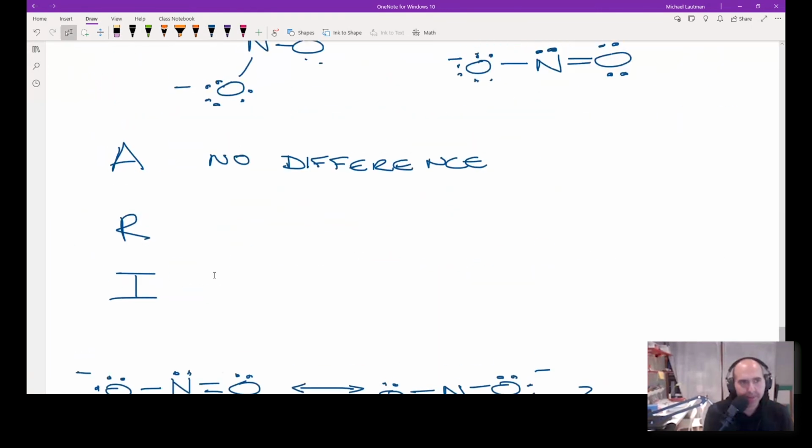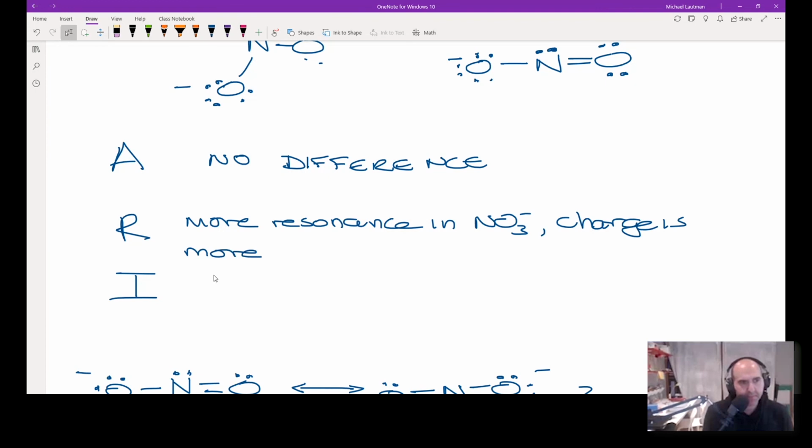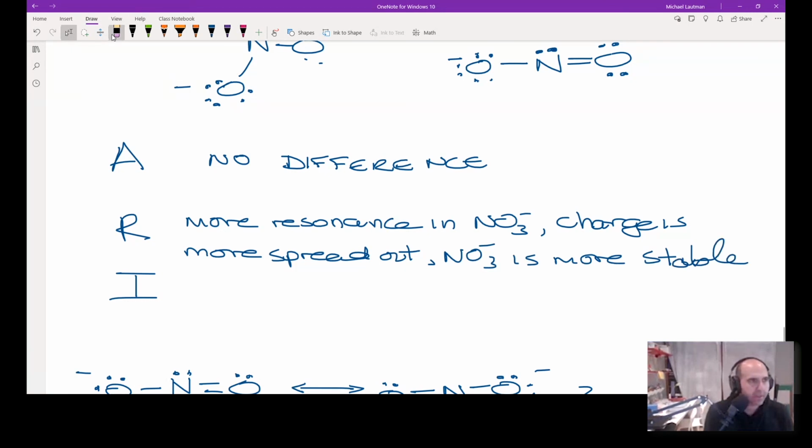So NO3 minus is more stable. And if the conjugate base is more stable, then HNO3 is stronger.